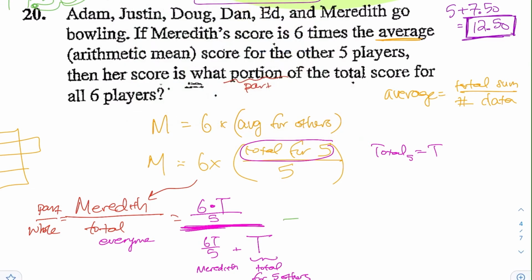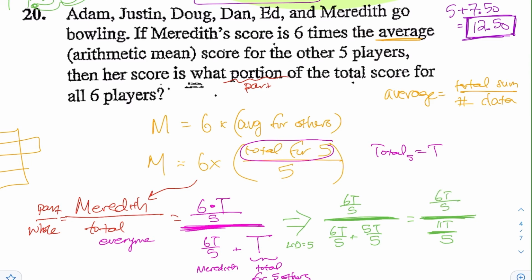So from here, you want to simplify the denominator. And for the denominator, the LCD is 5. So it's really 6T over 5 plus 5T over 5. And when you add them together, you get 11T over 5. And for the numerator, it's still 6T over 5.